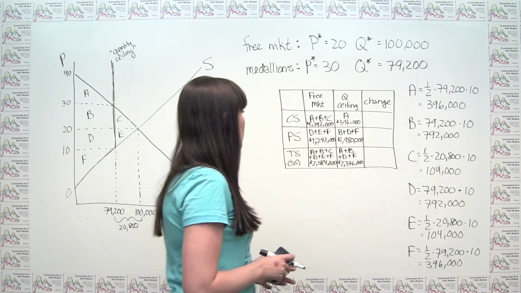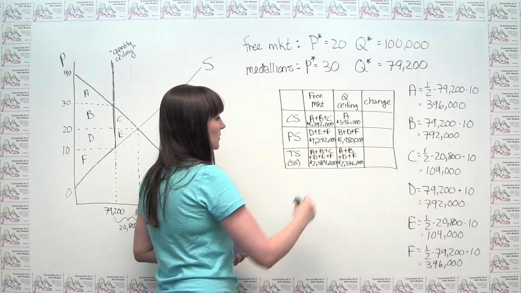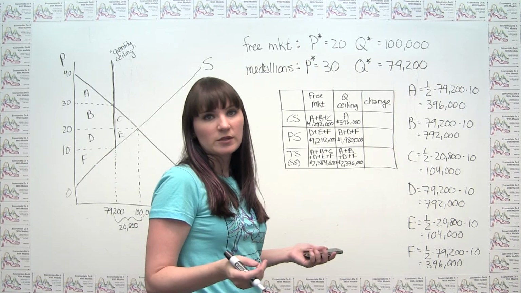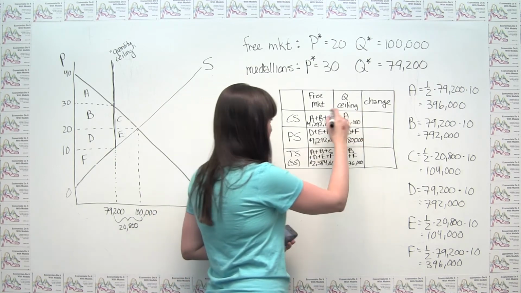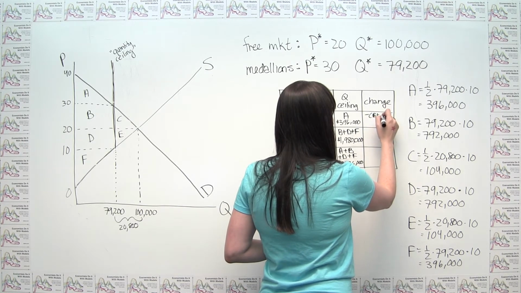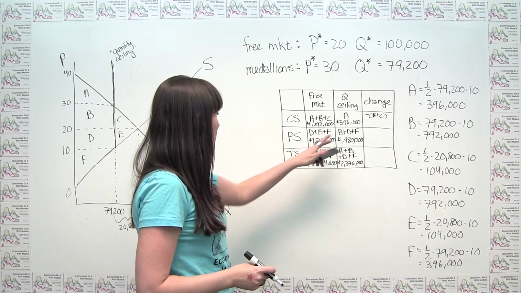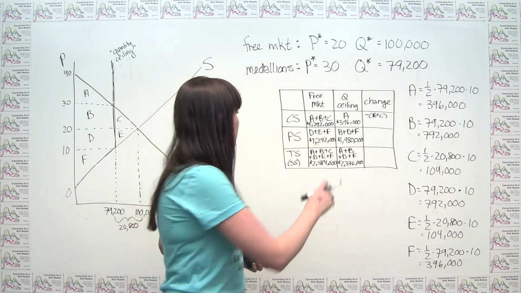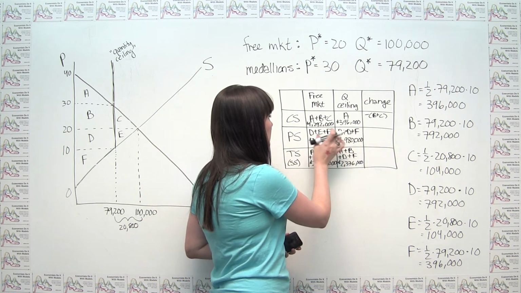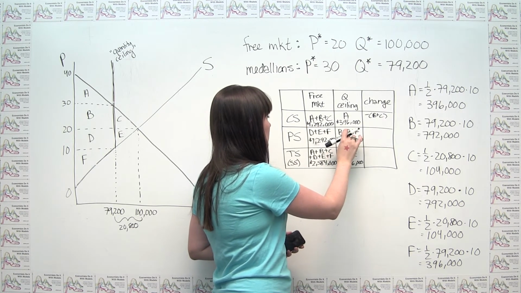And we could also calculate the changes, and we could do that either using the letters or using the numbers, right? So consumers are worse off by areas B and C, because that's what they're losing under the quantity ceiling. Producers, it's a little bit confusing because we see a D, we see an F here and an F here, we see a D here and a D here.